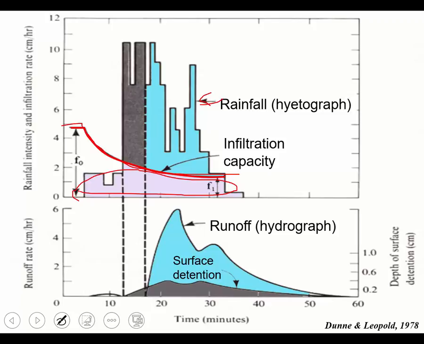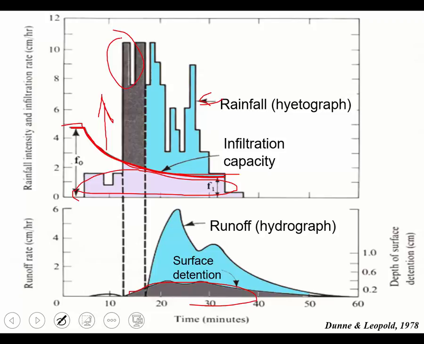Now, anything above this line, when the rainfall intensity is greater than the rate of infiltration, then you have it ponding at the surface and potentially running off. But a portion of that actually just ponds. It's depression storage or surface detention. And you see it walking outside today.